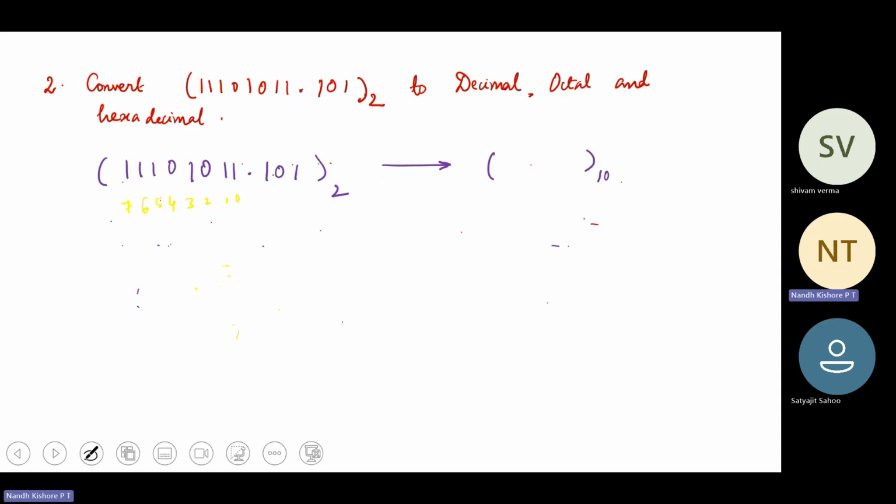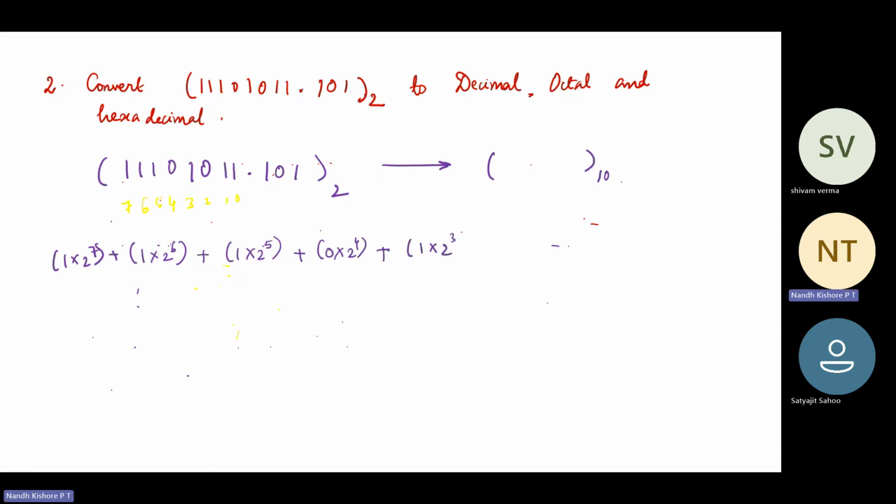So the answer would be 1 into 2 power 7 plus 1 into 2 power 6 plus 1 into 2 power 5 plus 0 into 2 power 4 plus 1 into 2 power 3 plus 0 into 2 power 2 plus 1 into 2 power 1 plus 1 into 2 power 0, right?